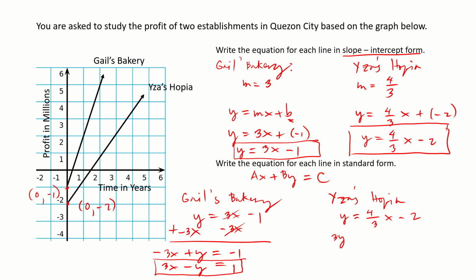So that would be 3 times y. Enclose the right-hand side of the equation and multiply 3. So this will become 3y, and since you will distribute the 3 to 4/3 x, this will become 4x, and 3 times -2 is -6.